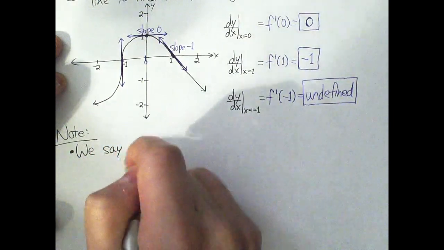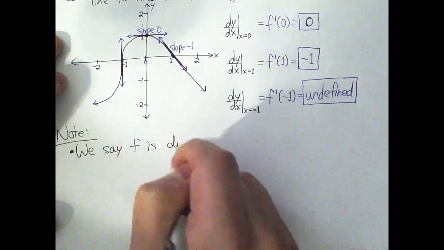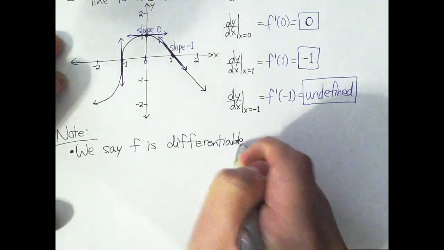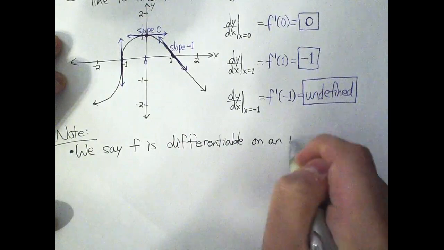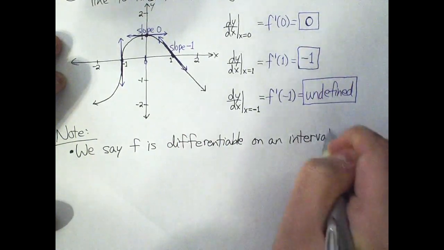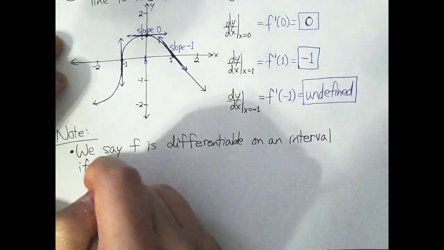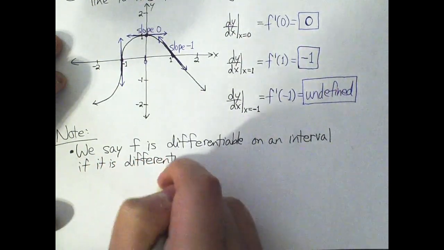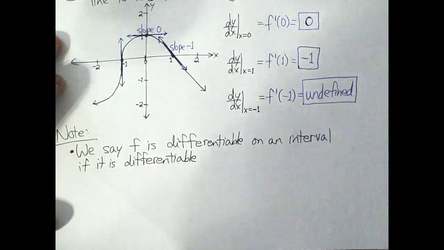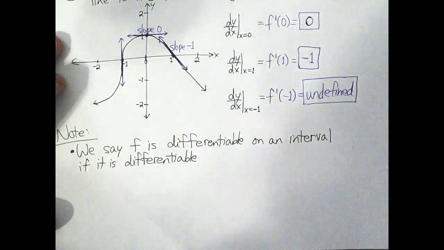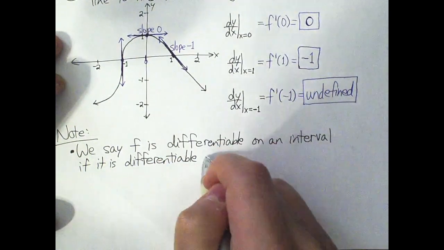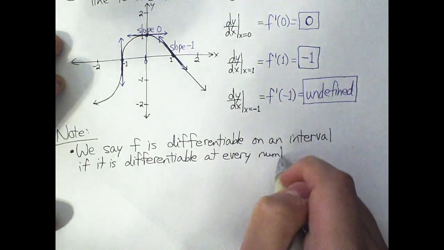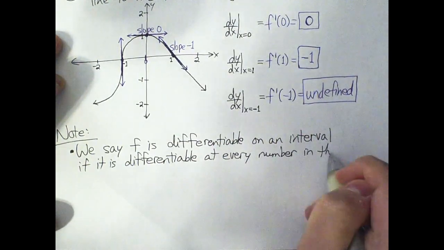Well, we say f is differentiable on an interval if it is differentiable. I bet you could just finish this definition without me, right? If it is differentiable at every number in the interval.